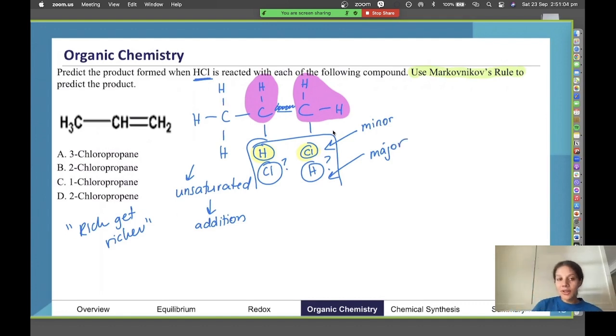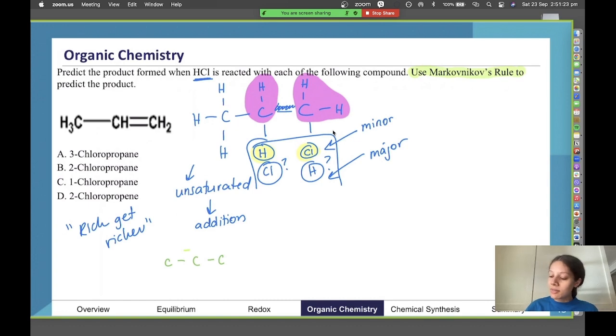So to predict the product here, I'm going to go with what happens the majority of the time. I'm going to redraw it because that's gotten all messy now. Okay, can't see that, can you? Get a better color. So we have carbon, carbon, carbon.